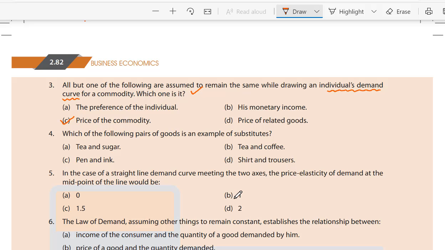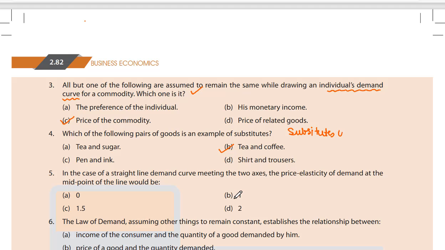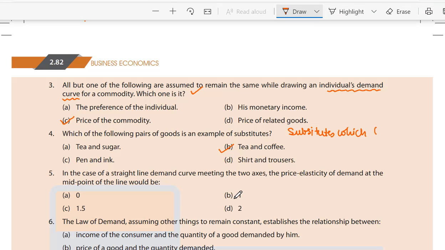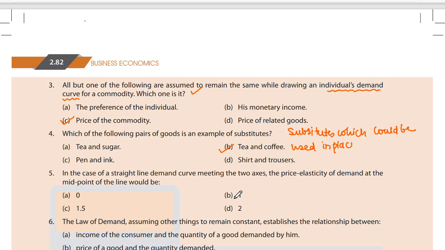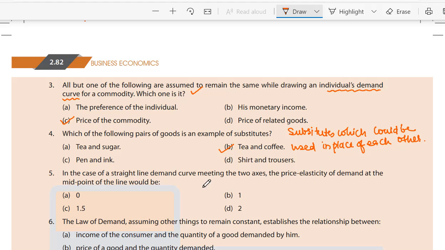So if I talk about substitutes, which can be used in place of each other, the answer is tea and coffee. Substitutes are goods which could be used in place of each other. Okay, let us move ahead.